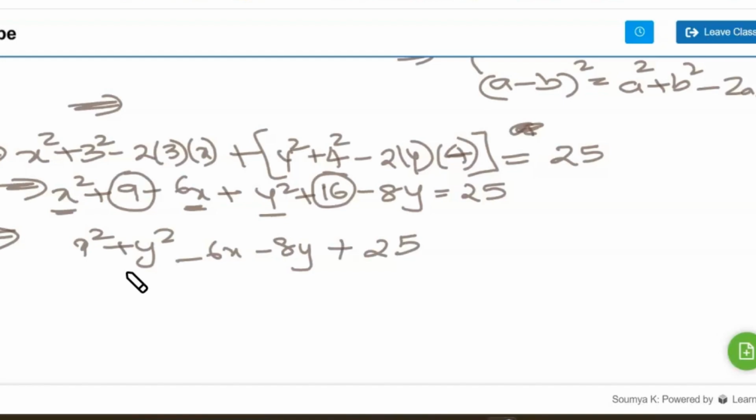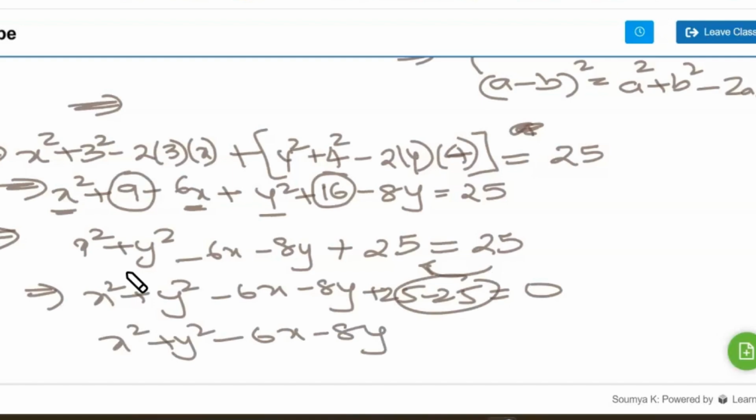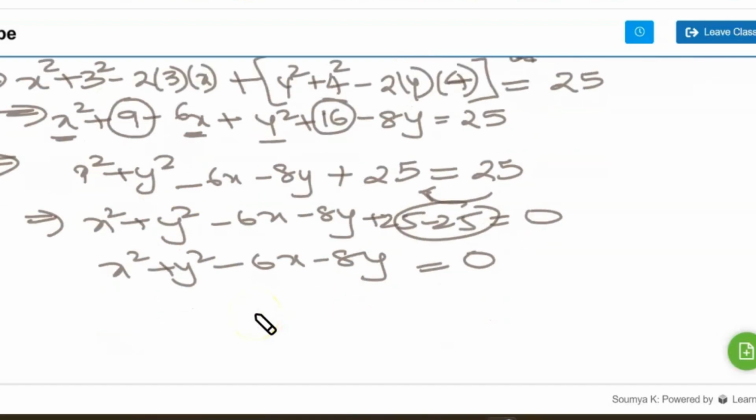On the right hand side already 25 is available. x square plus y square minus 6x minus 8y, and this 25 comes to this side, it becomes minus 25, and this whole term will be 0 in the next step. x square plus y square minus 6x minus 8y, it will be 0, and on the right hand side you will get equal to 0. Now compare with the options in your question.